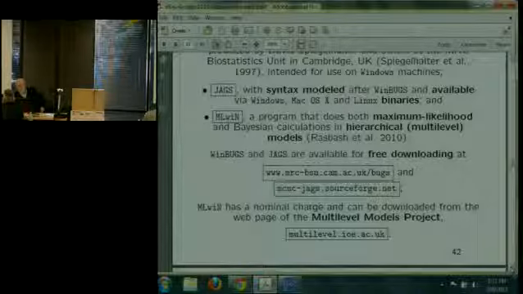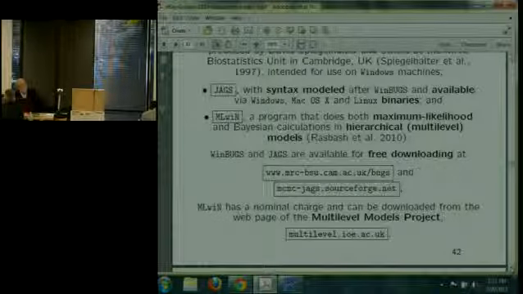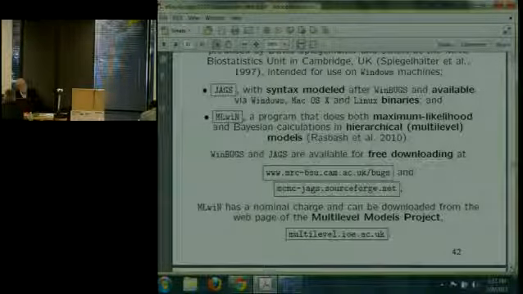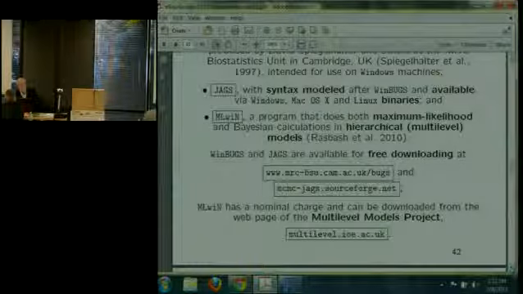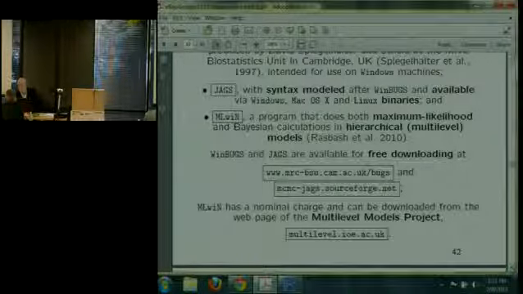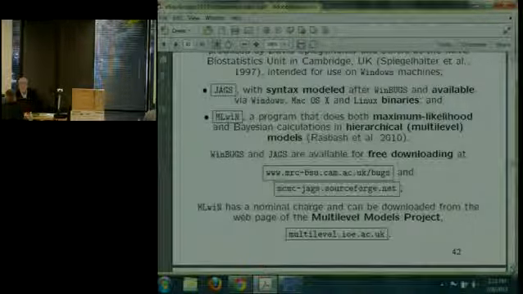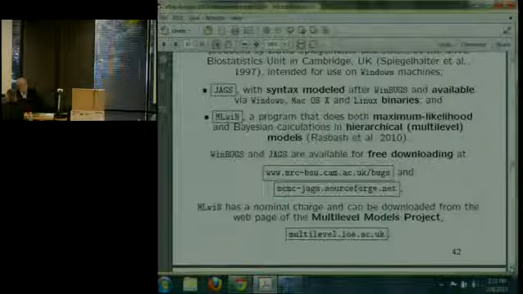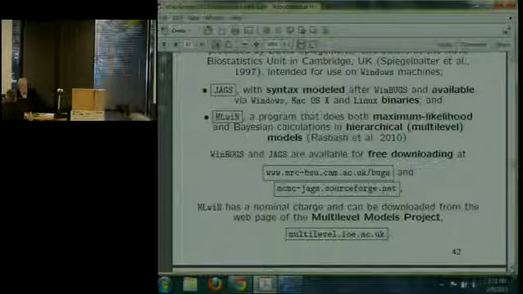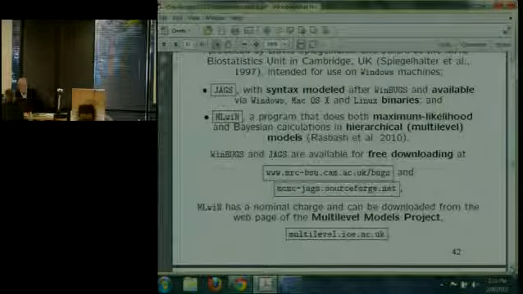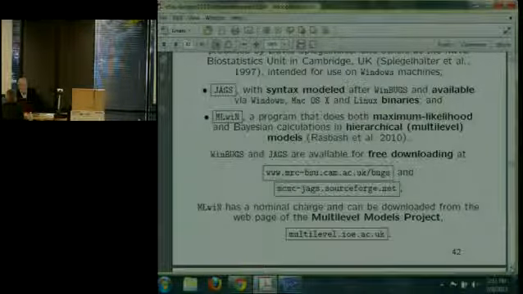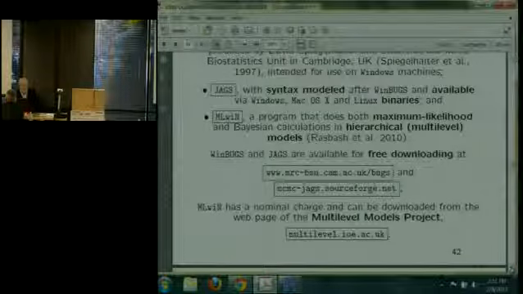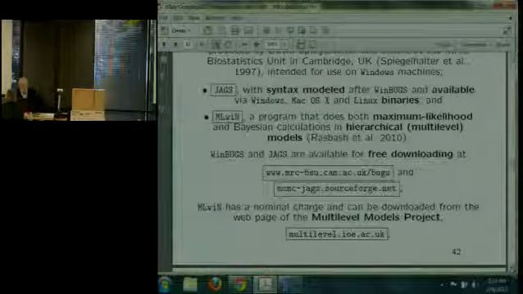WinBugs will fall over if you give it a data set with 100,000 observations and 5 or 10 parameters. It's not well suited to working with data sets that are even that small by Silicon Valley standards. MLWin does a better job of that. It was built in such a way that we can handle much bigger data sets. But it has a more restricted set of models that it knows how to fit. So you gain something and you lose something.